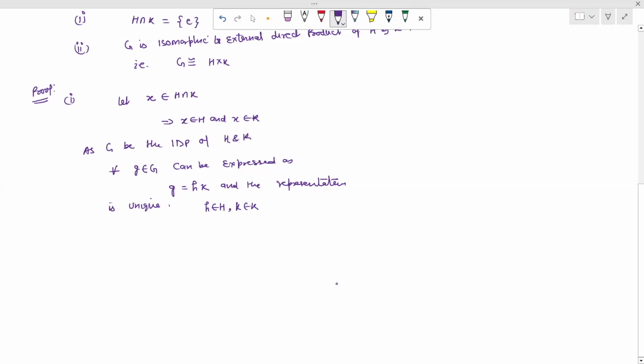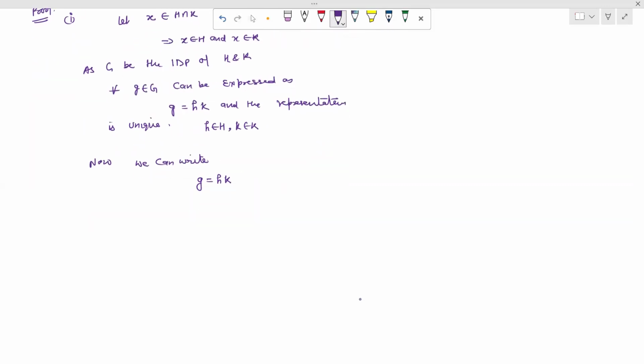So now we can write g is equal to hk. This can be written as h x into x inverse into k. Since x into x inverse is equal to identity, we can write h into e into k.